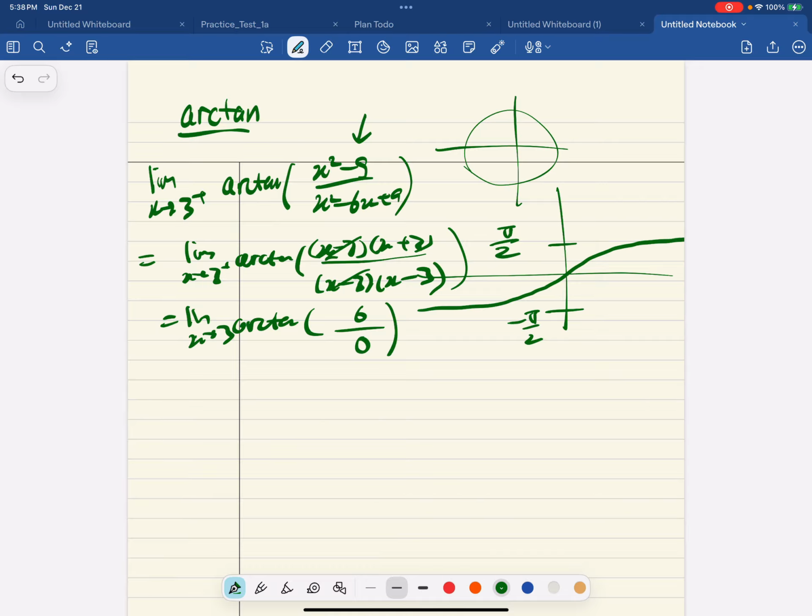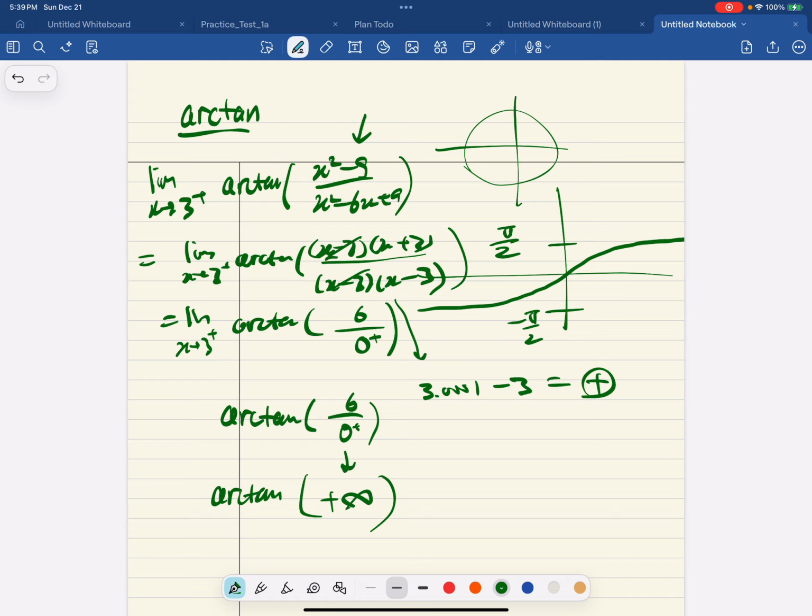But 3 is approached from the positive side. So this here will be 3.0001 minus 3, which is positive. So this 0 is positive. So we have an arctan of 6 over positive 0, which is positive infinity.